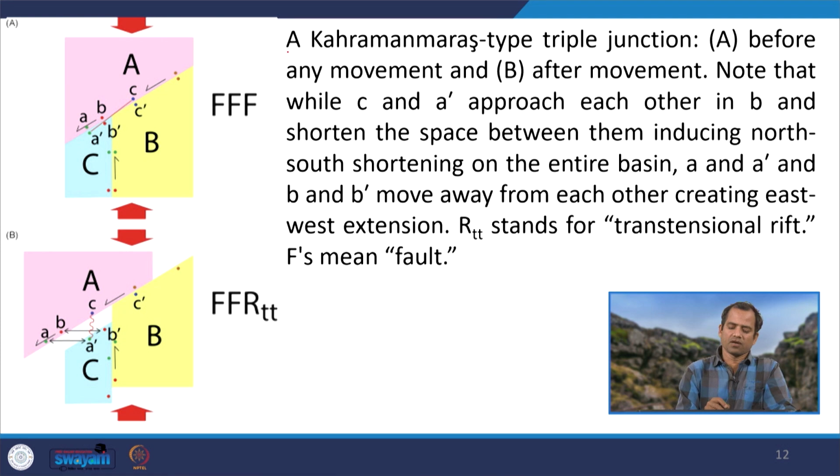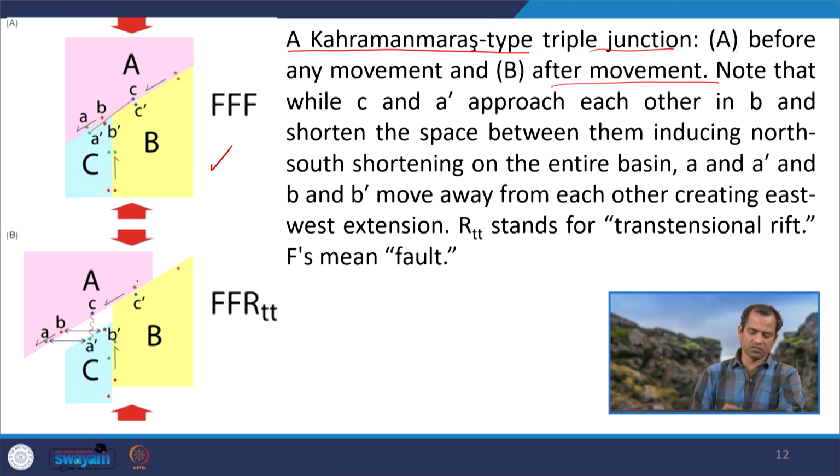So, here, at the other type of triple junction, A is before the movement and B is after the movement. So, what change do we get after the movement? Suppose C is separating from here. What are we getting? We are getting a transform fault here, and we are getting a transform fault here.